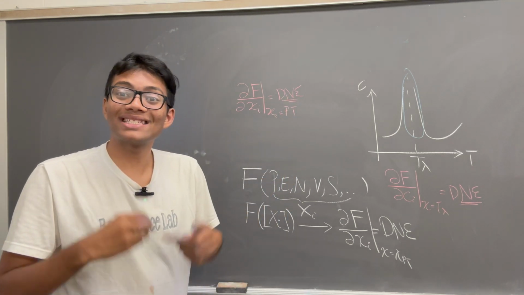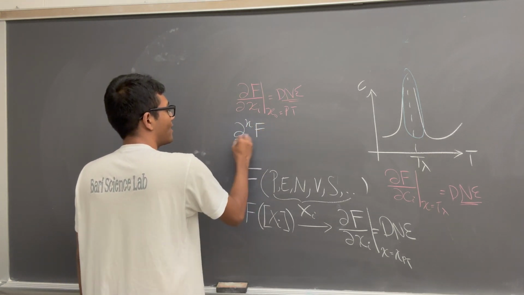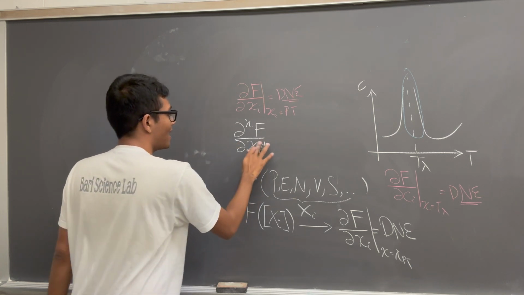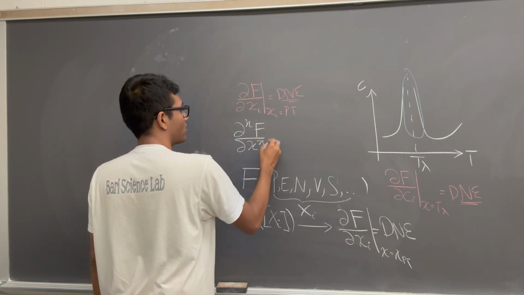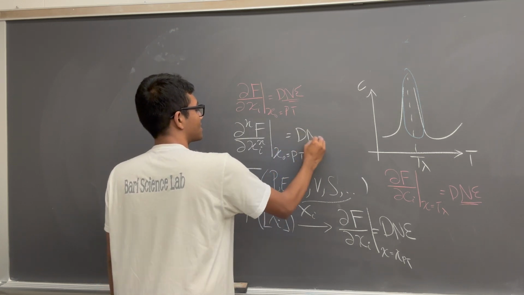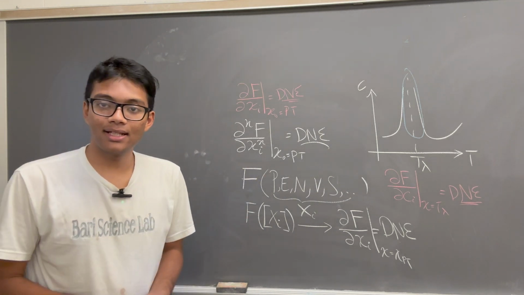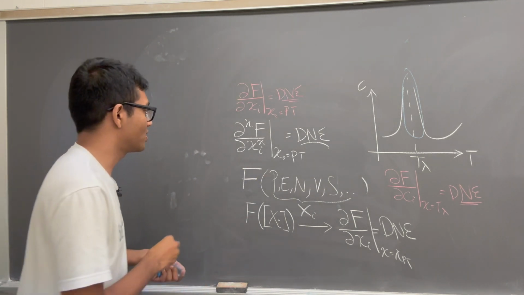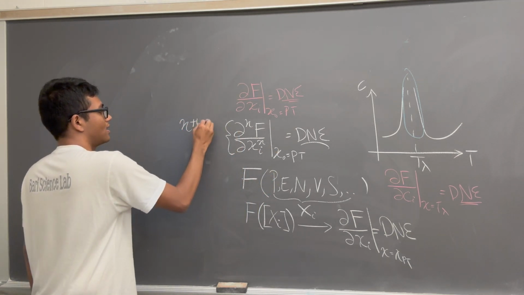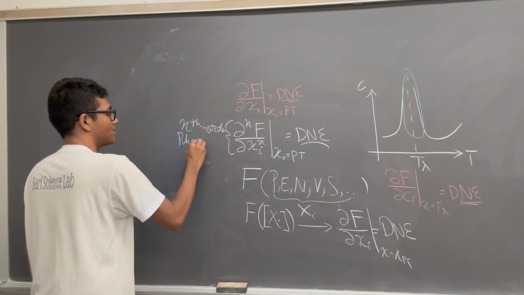But you could also have a second order phase transition or nth order phase transition, where the nth derivative of the free energy with respect to that observable at our phase transition point does not exist. Okay, so that's the big idea of first and second order phase transitions. This right here, for example, would be an nth order phase transformation.